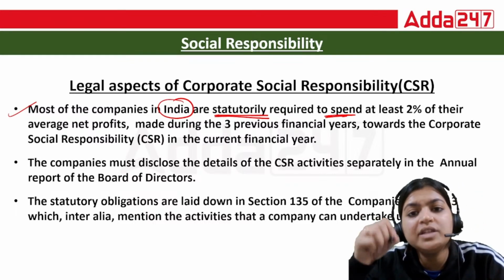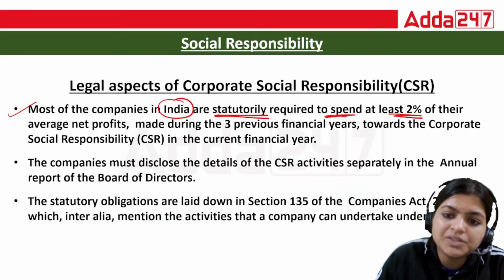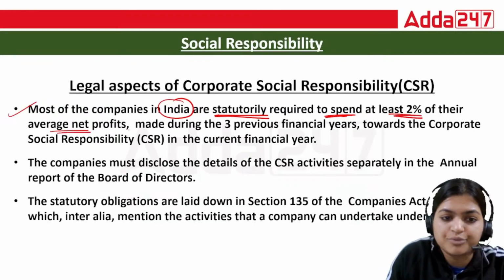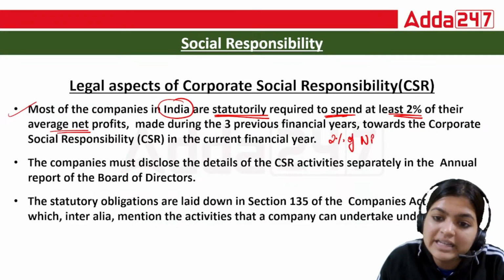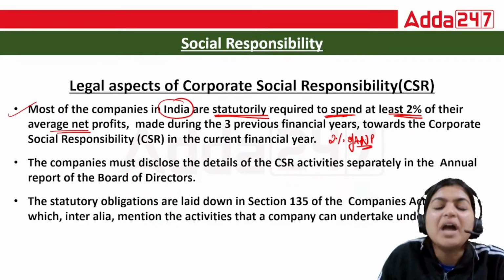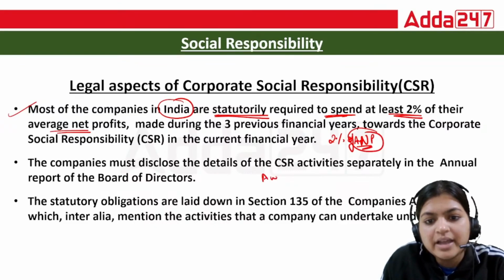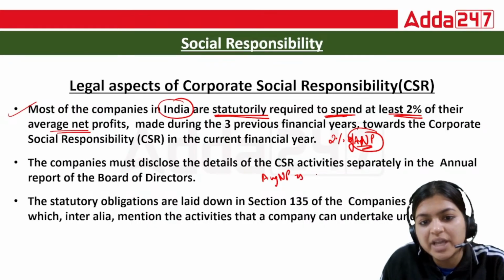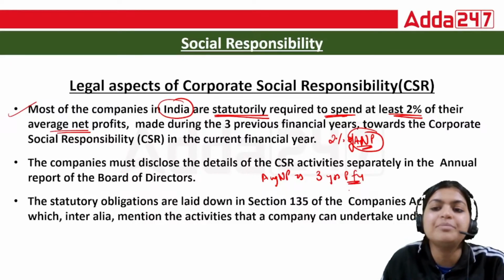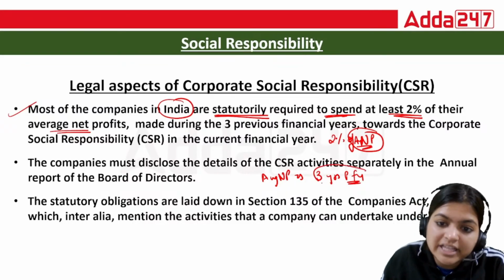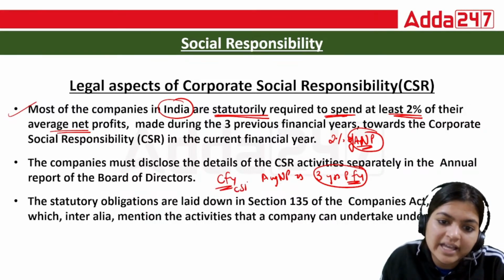If companies need to comply with CSR, then they need to give at least 2% of their average net profit. Now, how to calculate this average net profit? For calculating average net profit, they need to take the previous three financial years' profit, and with this they will calculate the current financial year CSR.